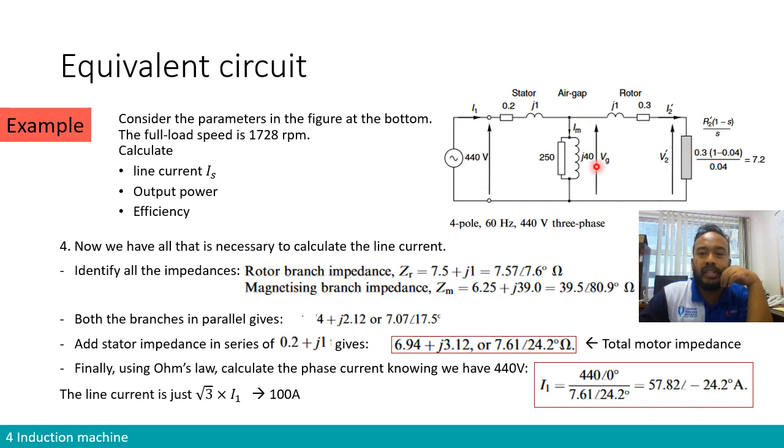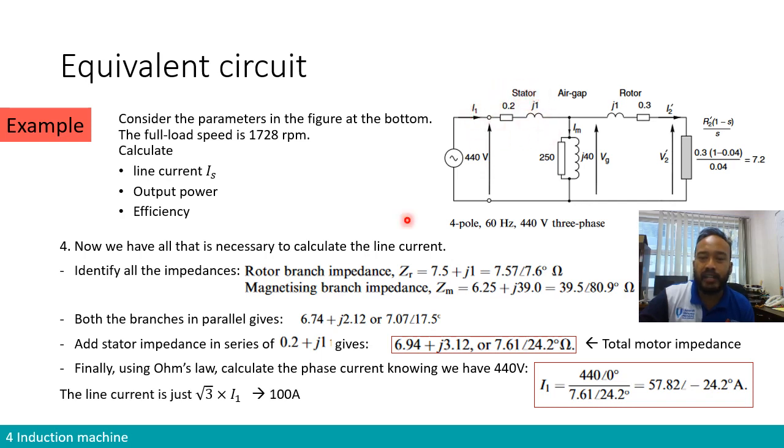If you find the equivalent of both in parallel, you will find that it is equal to this particular impedance. Added to it, the parallel combination is in series with the stator part.